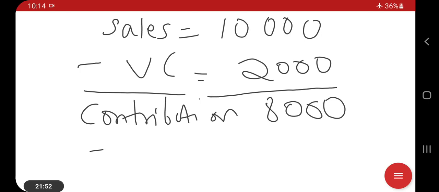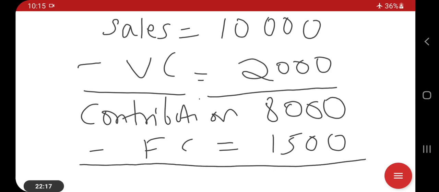From this contribution you have to reduce fixed cost. Say the fixed cost is 500, the remaining amount, 8,000 minus 500, that is 7,500, is known as profit.